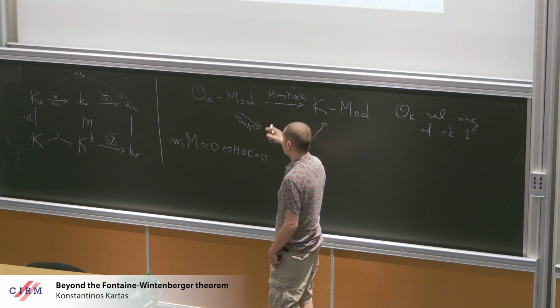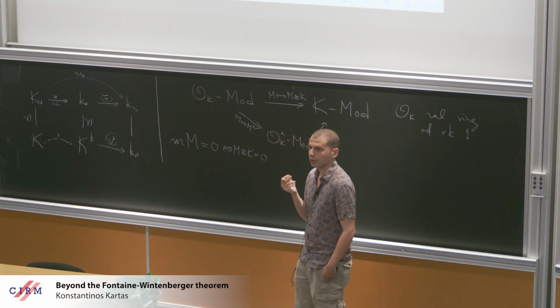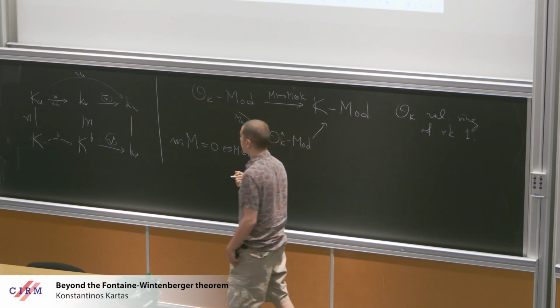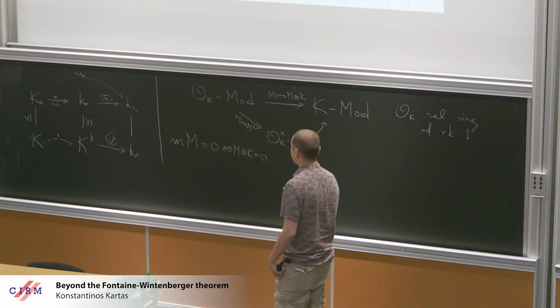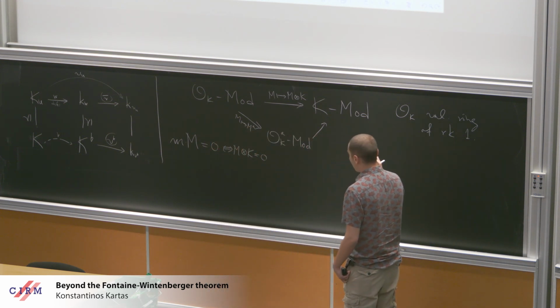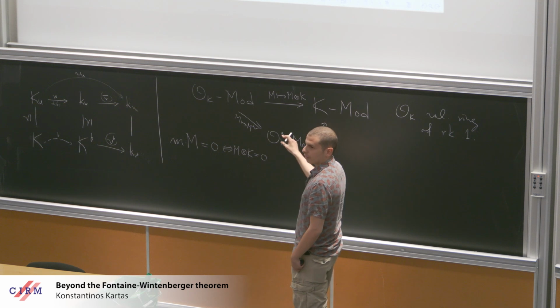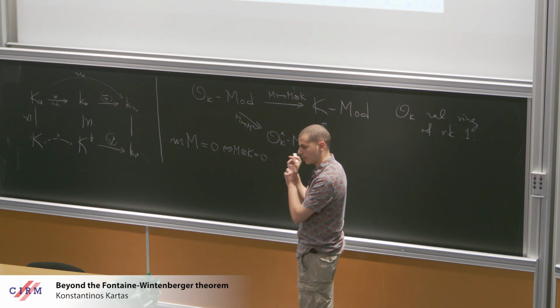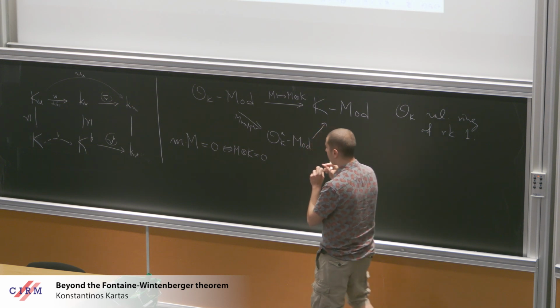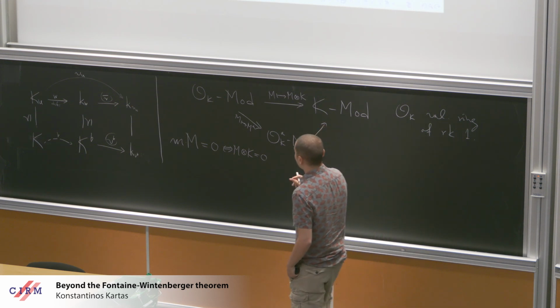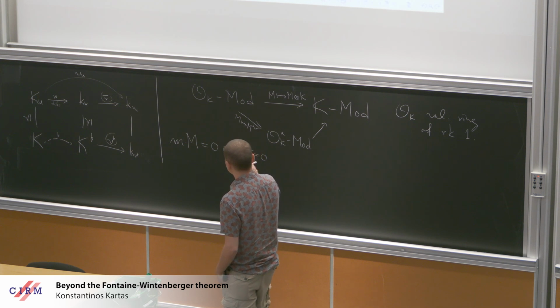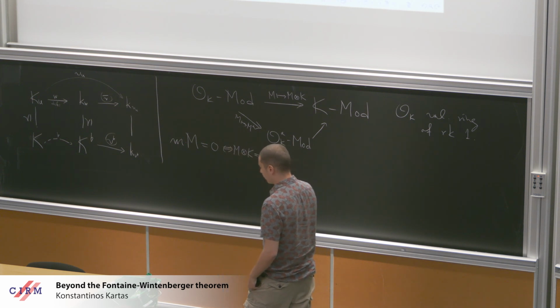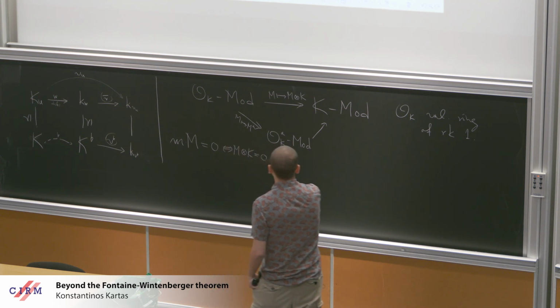Whatever you invert in OK, no matter how small the valuation is, it's going to give you the whole of K. But somehow one is able to make sense of the category of modules over a slightly localized ring, which does not quite exist. So it's a very peculiar situation, but it will make sense. Maybe this already hints at what's going to happen.